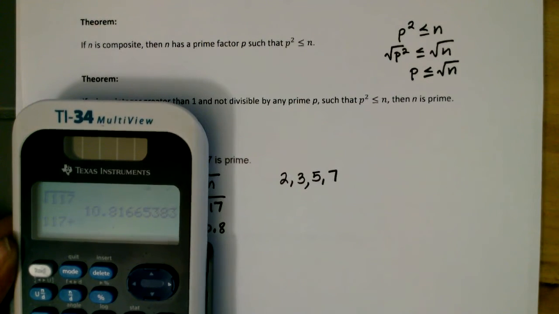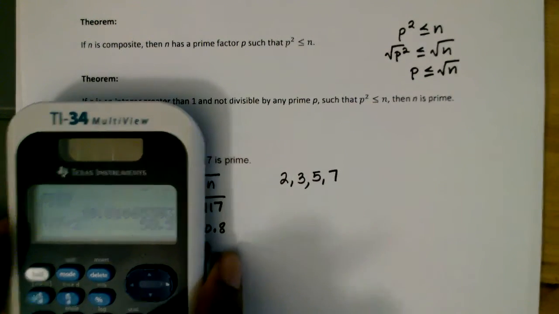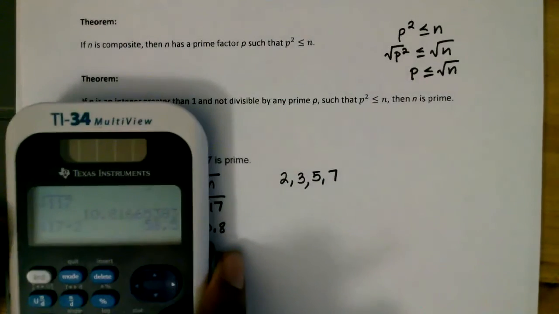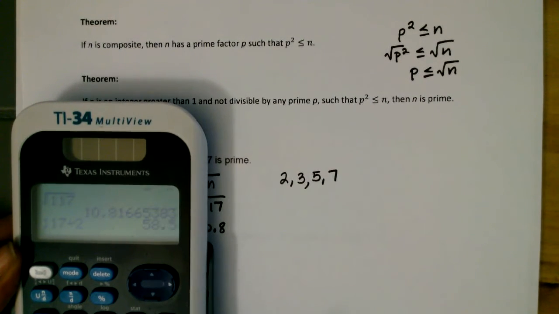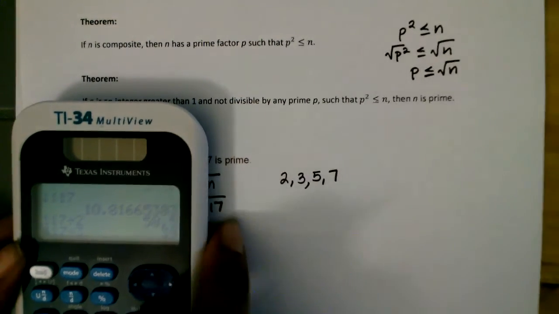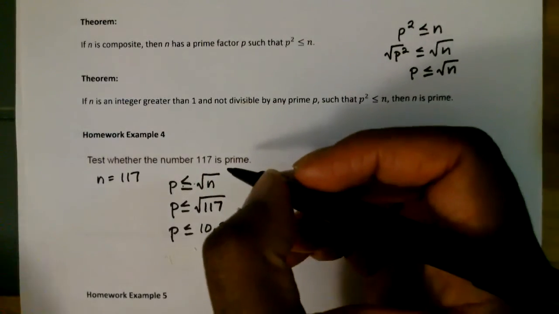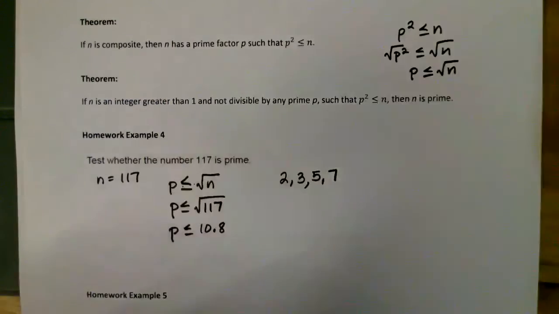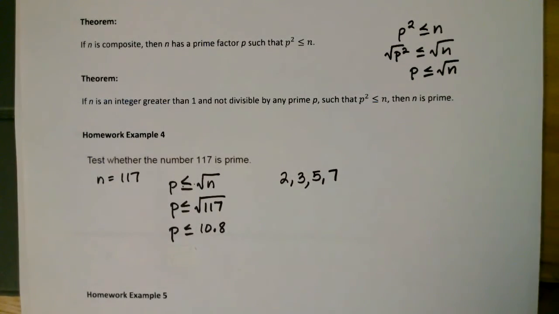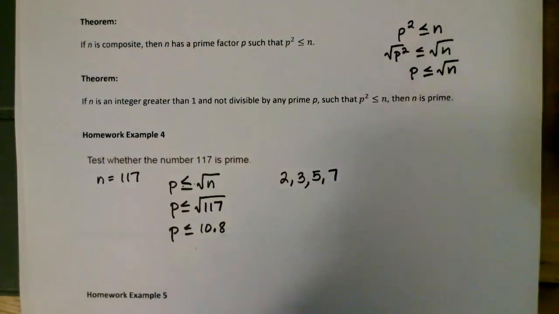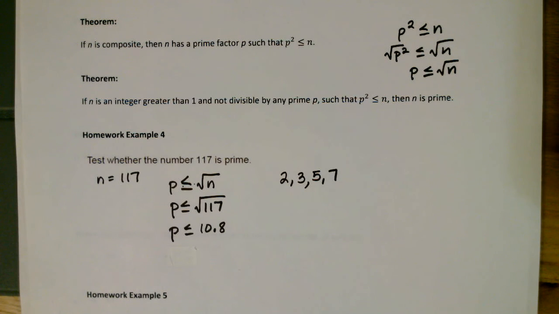So if I do 117 divided by 2, I'm going to get a decimal of 58.5. Let's try 117 divided by 3. Here we get a whole number of 39. So that means 117 is actually not a prime number.